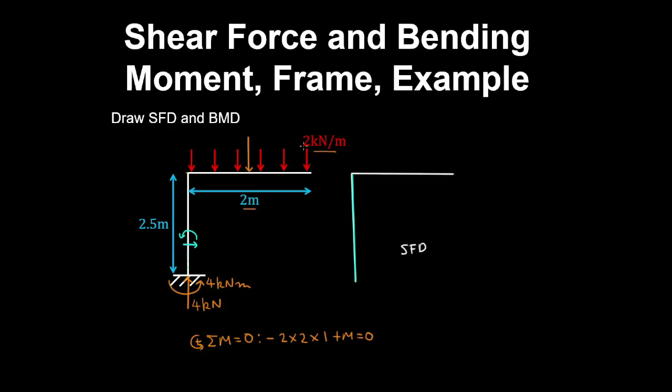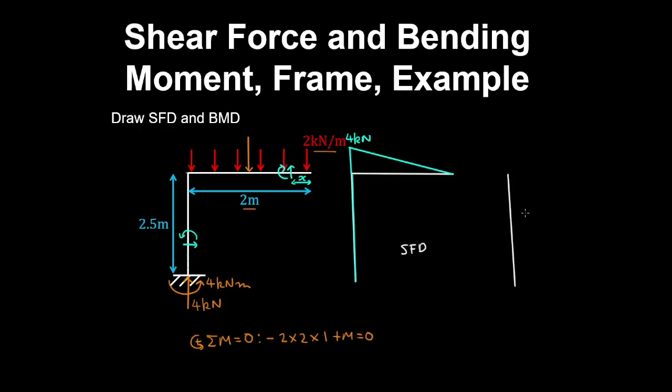And here we have a uniformly distributed load. So if we cut the beam from right to left, we can see that the shear force is 2 multiplied by x. And therefore it's going to vary linearly on that beam, with a magnitude of 2 by 2 meters, which is 4 kilonewtons.